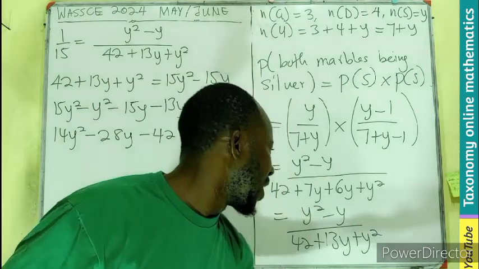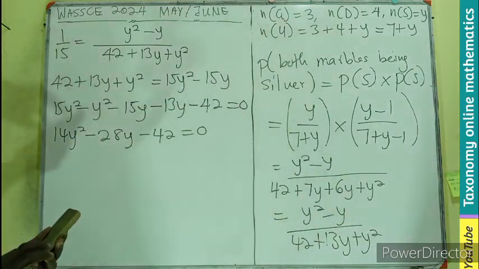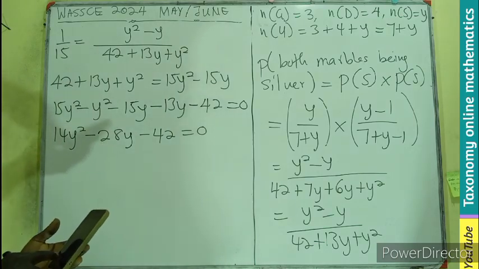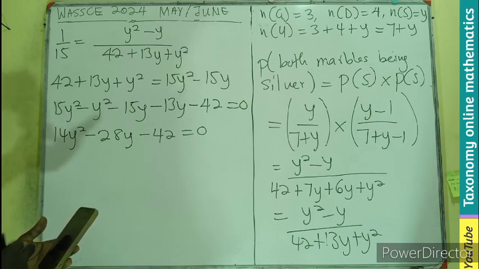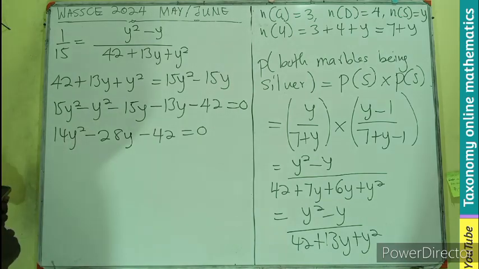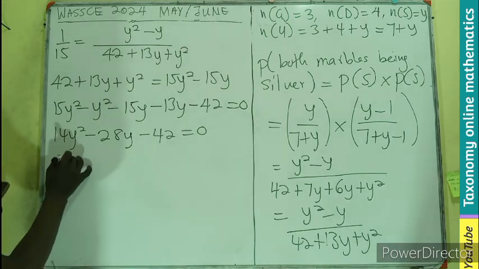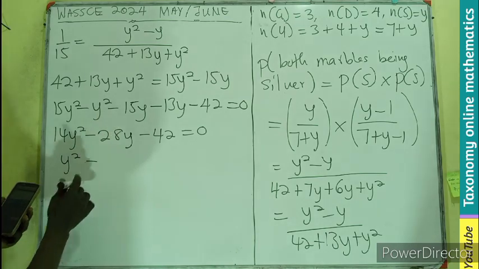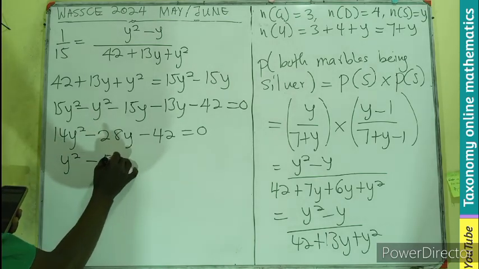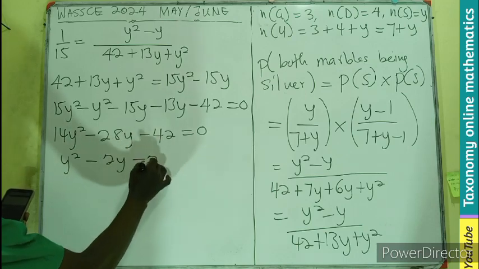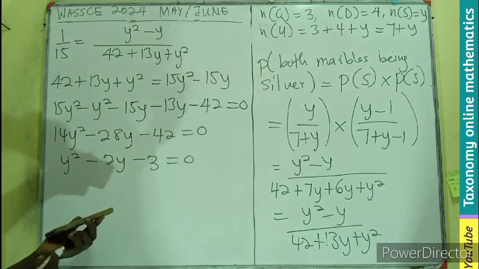Let's see if 14 is a factor of 28. Yes. Is it a factor of 42? Yes. So 14 goes into itself 1, giving y squared minus 2y minus 3 equals 0.